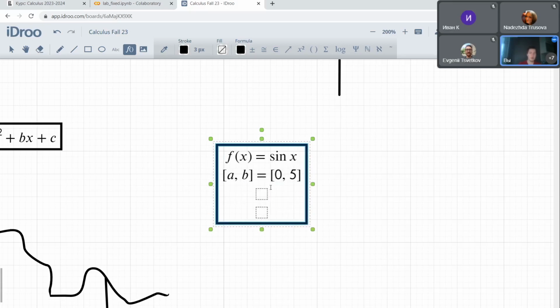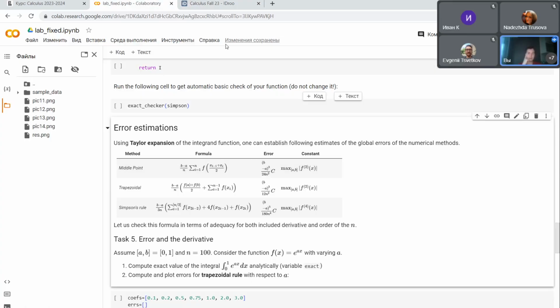Consider the following: we want to compute the numerical approximation of this function on this segment using the middle point rule.